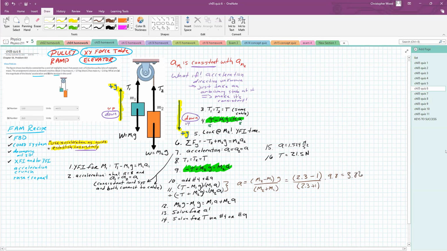And was that marked wrong? Yeah, it was marked wrong. Huh. Okay. Well, because if you get that wrong, you're going to get the tension wrong. I could see if you took the opposite approach, but let me take a look in your grade book. This was for chapter 5 quiz?